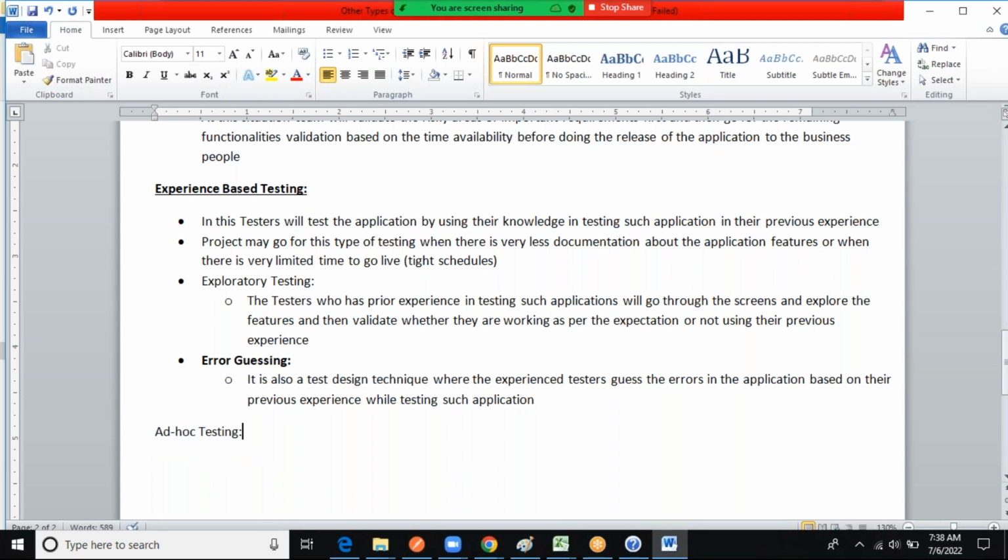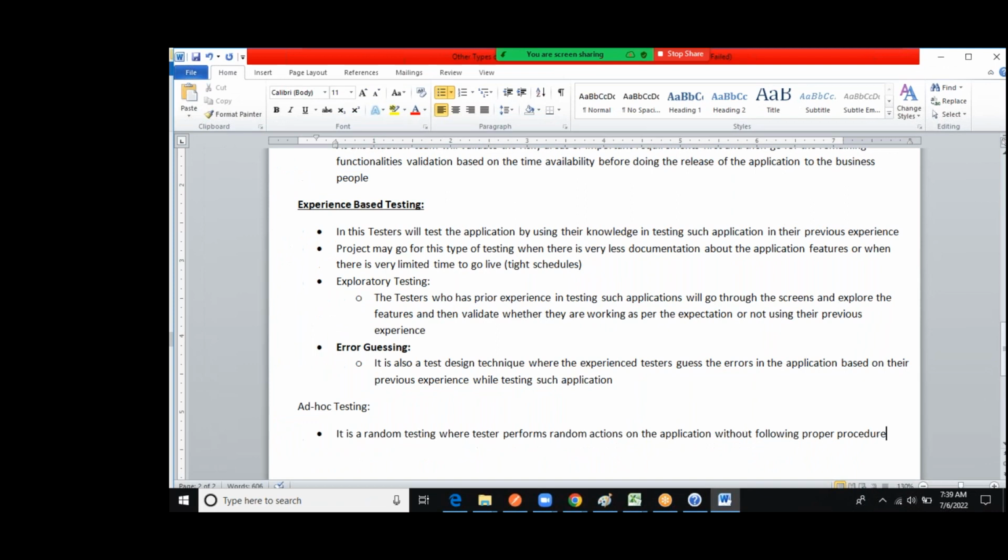So ad hoc testing is a kind of random testing where the tester performs ad hoc actions or random actions on the application without following proper procedure. Okay, so that is what ad hoc testing is.